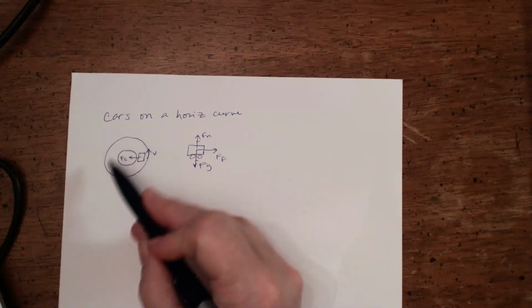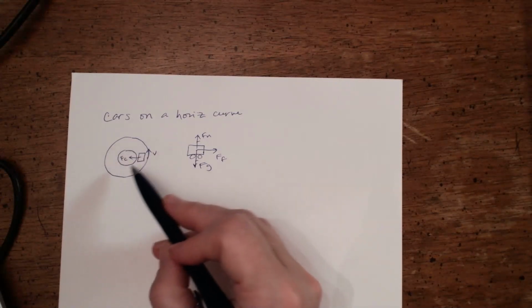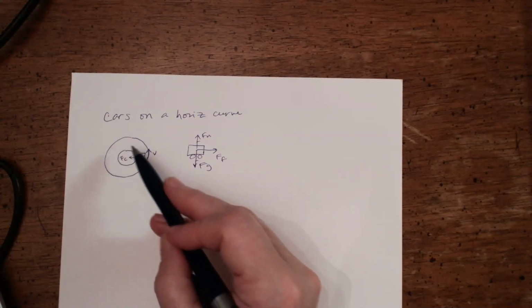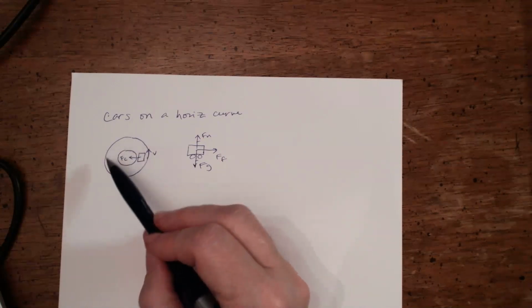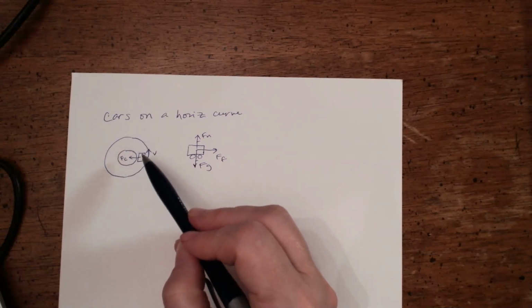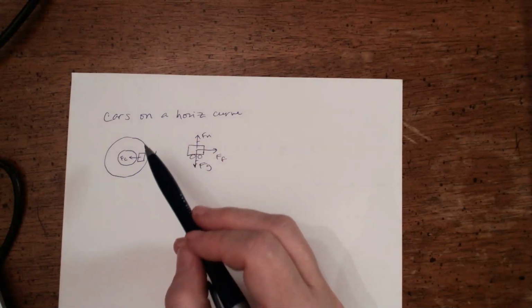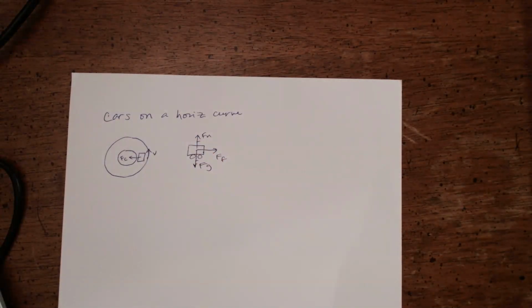Remember, we said that if we didn't have that friction, he could just be in constant velocity motion, or that's what he would want to be in. He wouldn't be able to continue going around this circle. But because there's that friction between the tires and the road, it's keeping the car on that circular track in that circular motion.